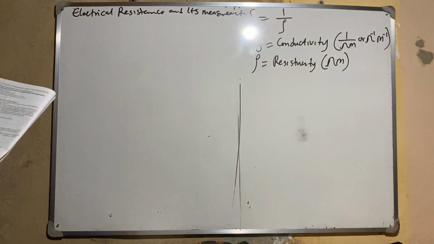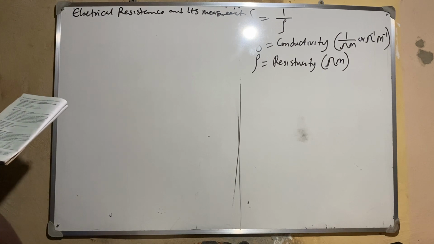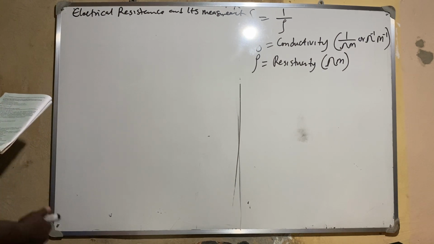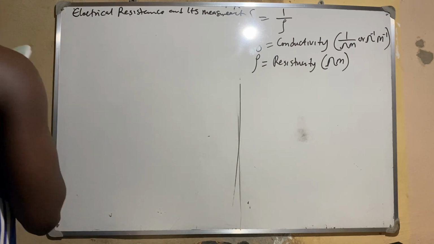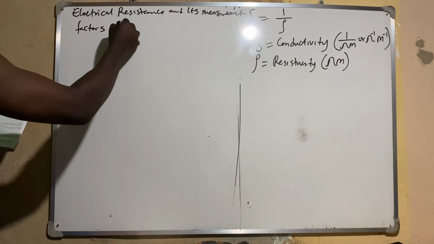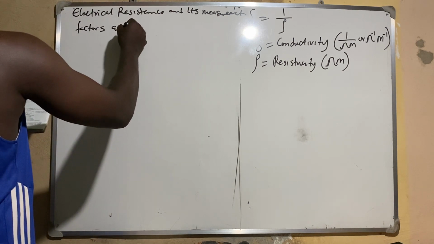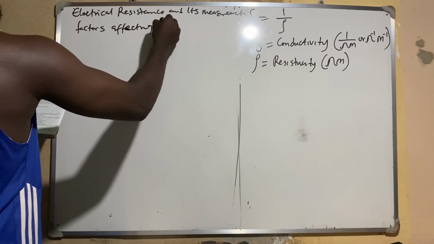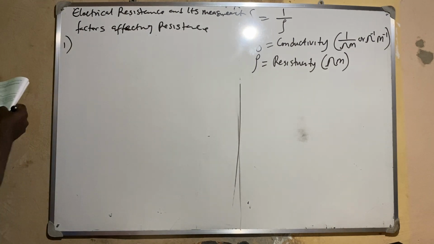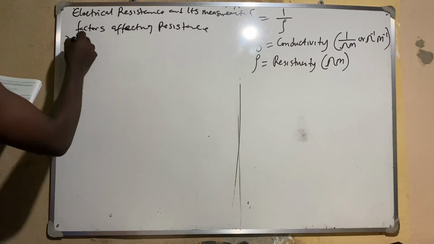So factors affecting resistance of a conductor and the relationship between them. The first factor that is affecting resistance is temperature.